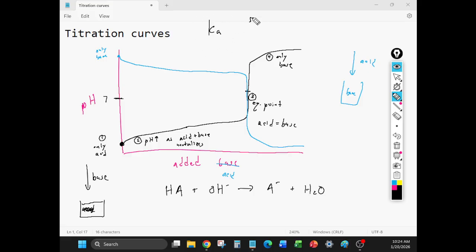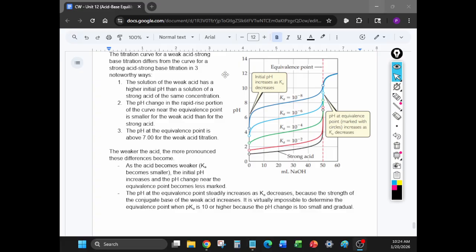So the stronger the acid, that means you're going to have more dissociation. That means more of the acid is going to dissociate, which means that your Ka number will be greater. And that's going to change the way the titration curve looks. So if you take a look right here in your workbook, you'll see a bunch of different titration curves.